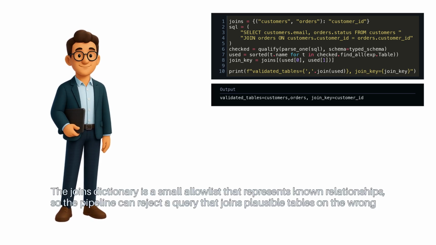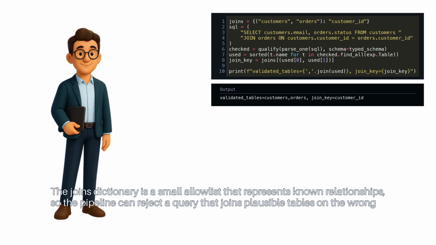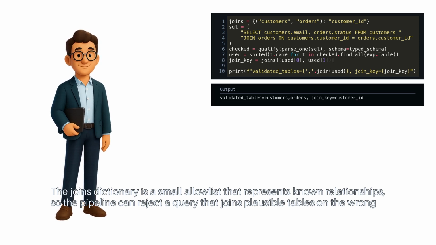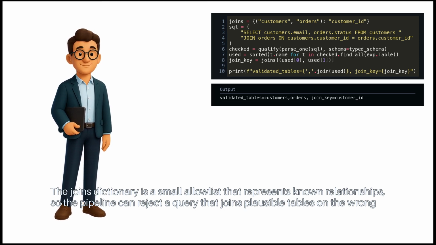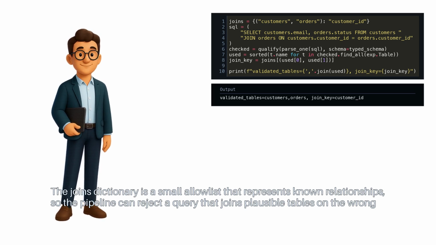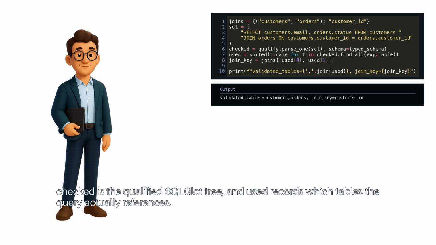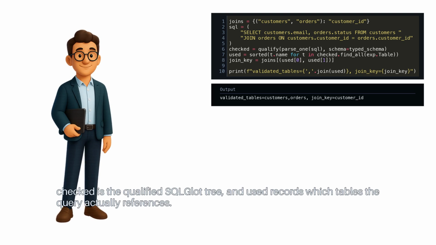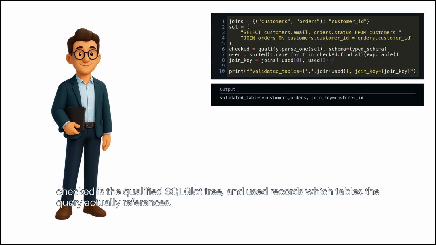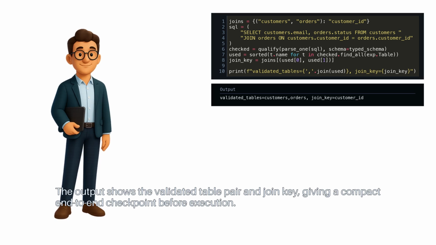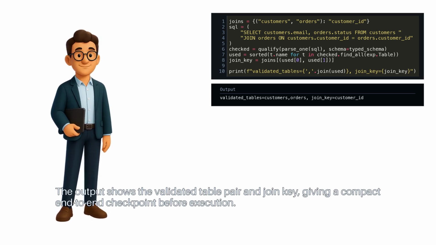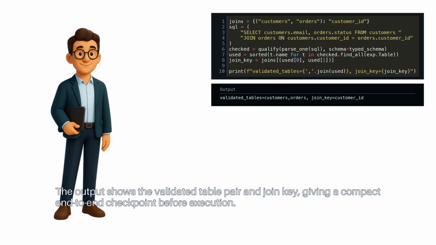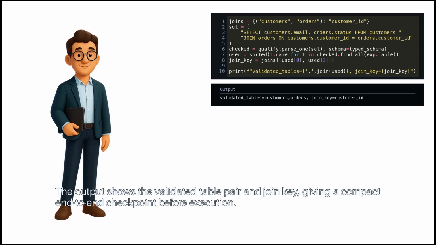The joins dictionary is a small allow list that represents known relationships, so the pipeline can reject a query that joins plausible tables on the wrong key. Checked is the qualified SQLGlot tree and used records which tables the query actually references. The output shows the validated table pair and join key, giving a compact end-to-end checkpoint before execution.